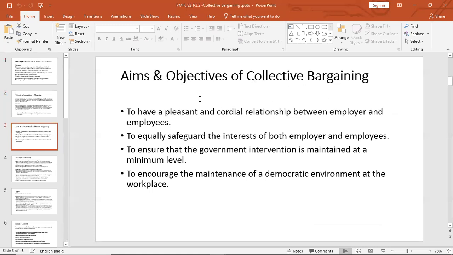Aims and objectives of collective bargaining: to have a pleasant and cordial relationship between employer and employee; to equally safeguard the interests of both employer and employee; to ensure that government intervention is maintained at a minimum level; to encourage the maintenance of a domestic environment at the workplace.